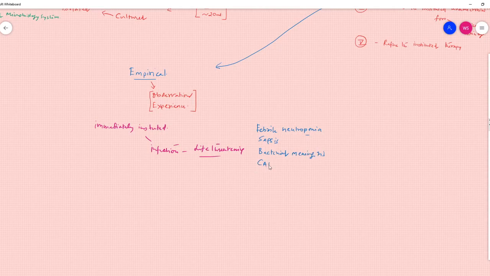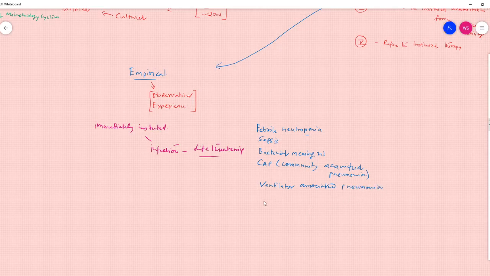Then there is CAP. What is CAP? Community acquired pneumonia. Okay. There is also ventilator associated pneumonia.